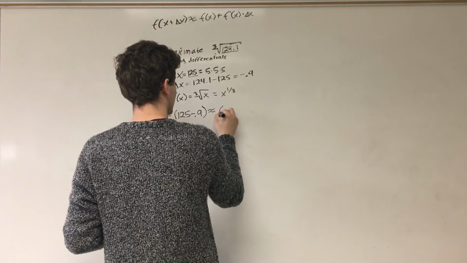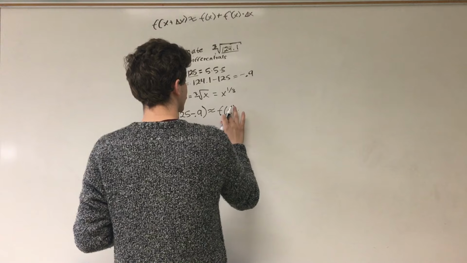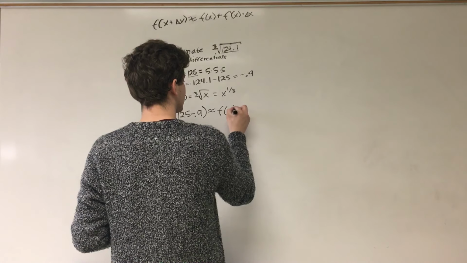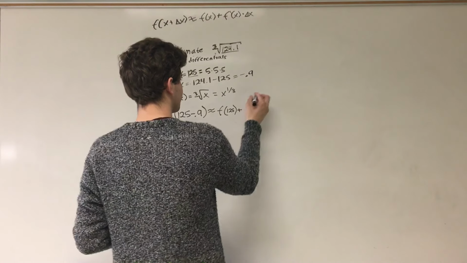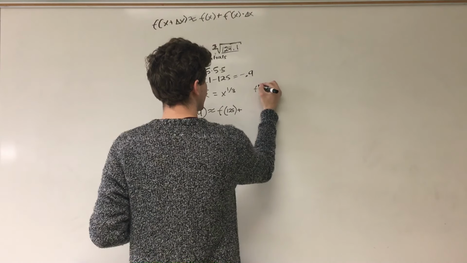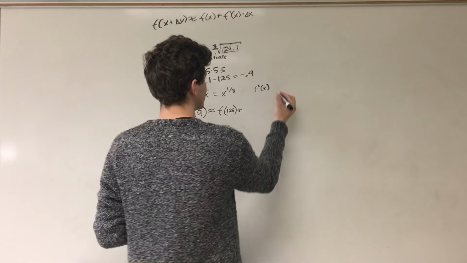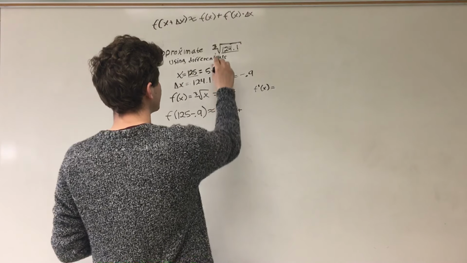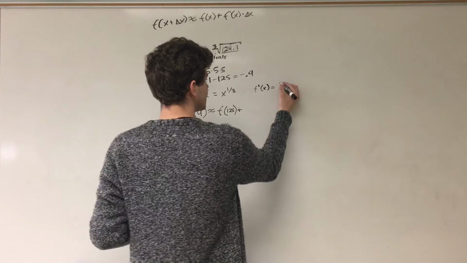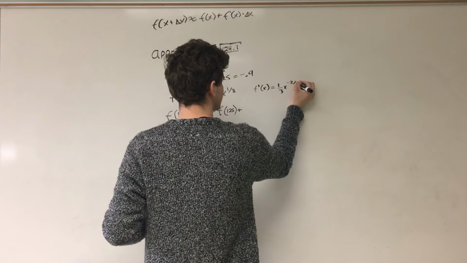So we have, it's about equal to f, which is the cubed root of x. So f of x, where x is 125, plus f prime, where f equals the cubed root of x, is going to just be 1/3 x to the negative 2/3.